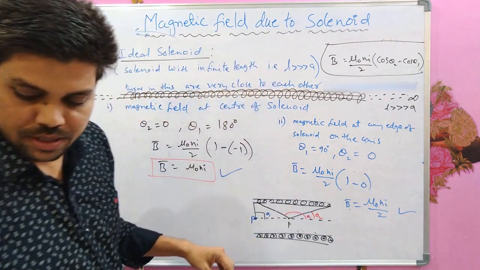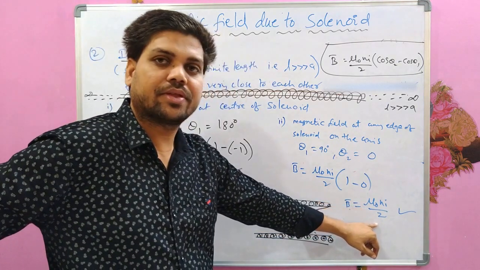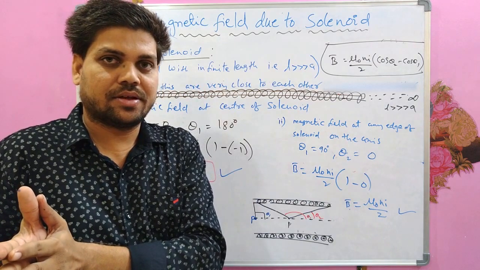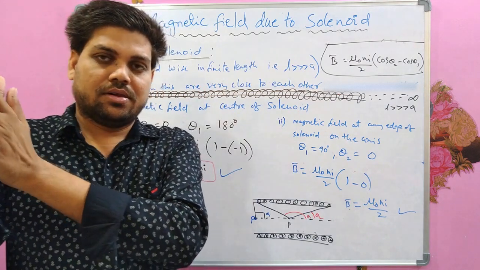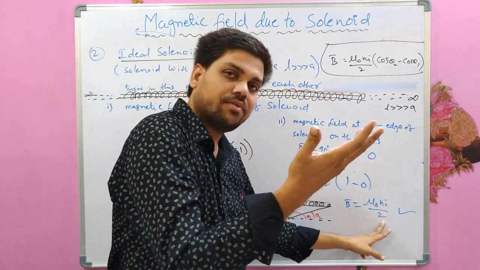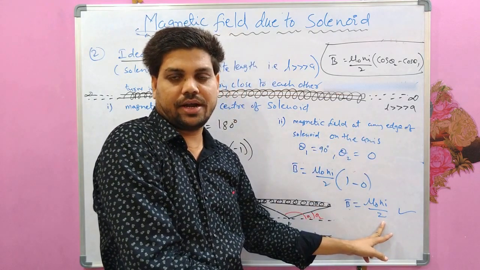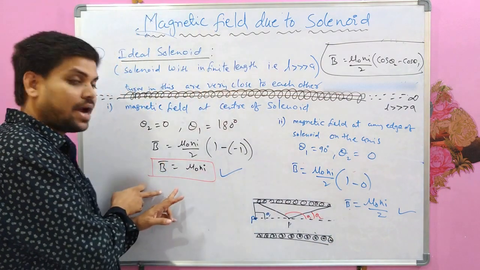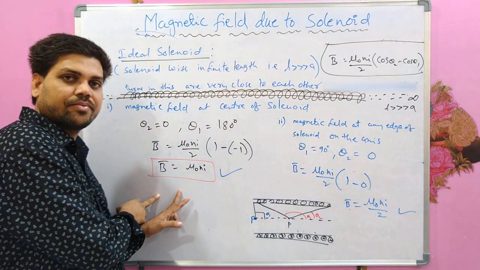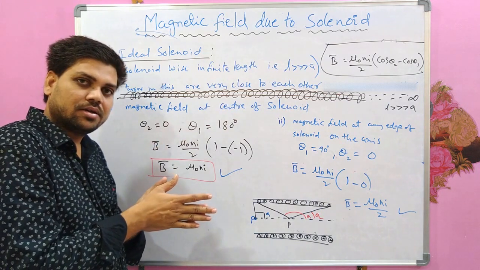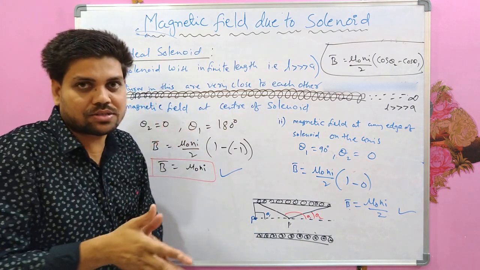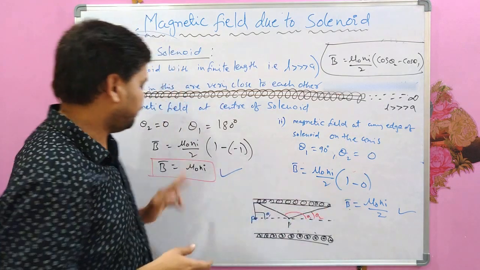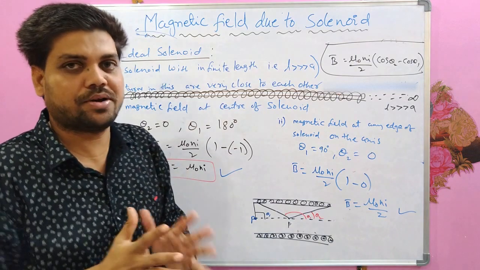Now if you observe, the magnetic field at a point on the axis at any edge of the solenoid is 1/2 of the magnetic field at a point where it is the center of the solenoid on the axis. So this will be half of it. This is very, very important.